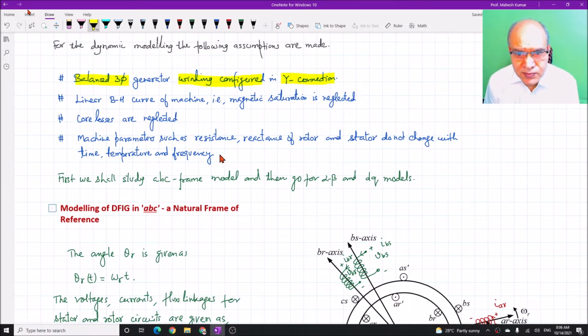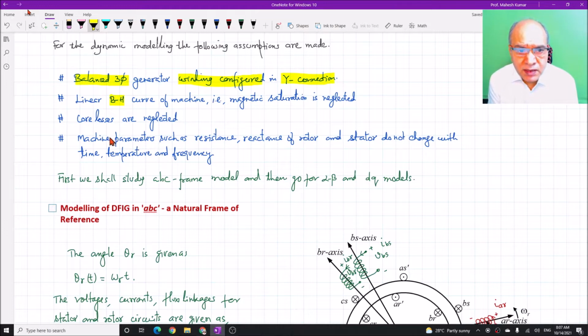The second assumption is that the linear V-H curve of the machine is considered, so that ensures there is a linear curve between V and H. Core losses are neglected, which consist of eddy current losses and the hysteresis losses. They are neglected in order to simplify the analysis.